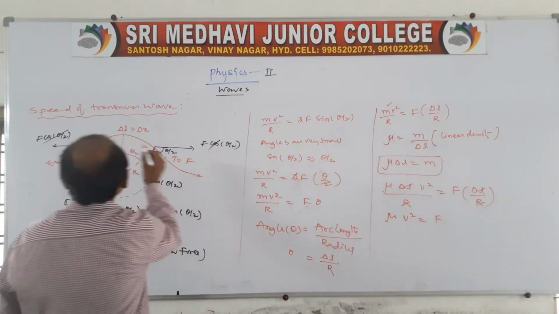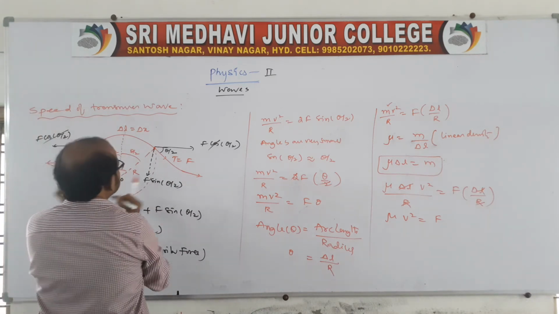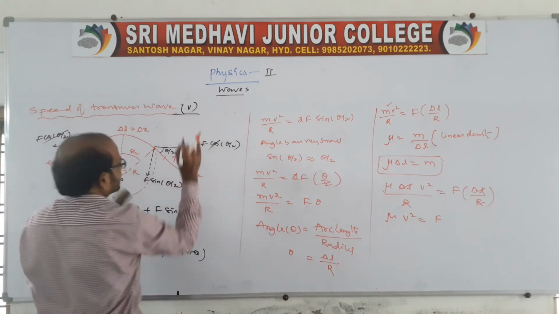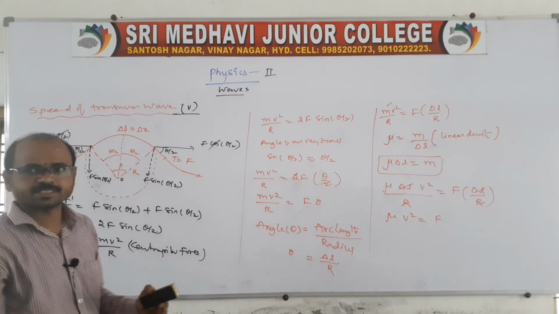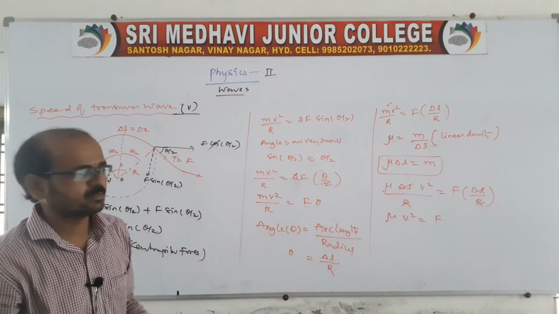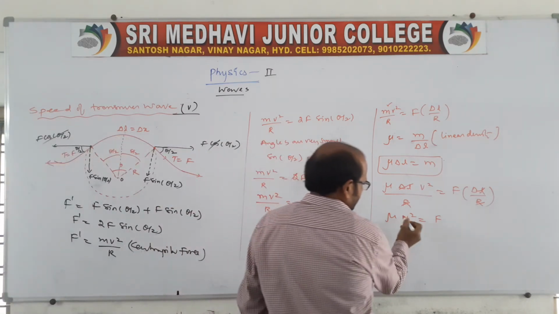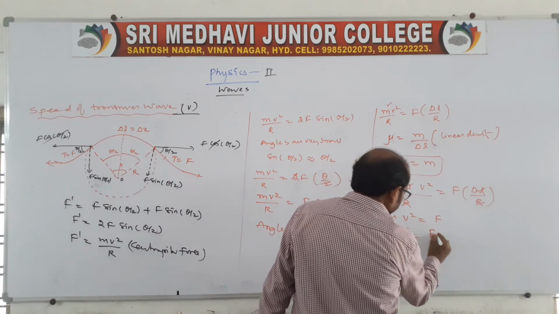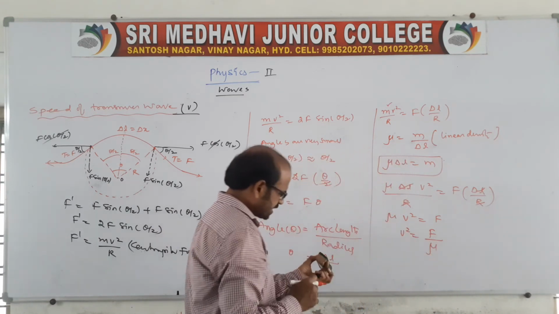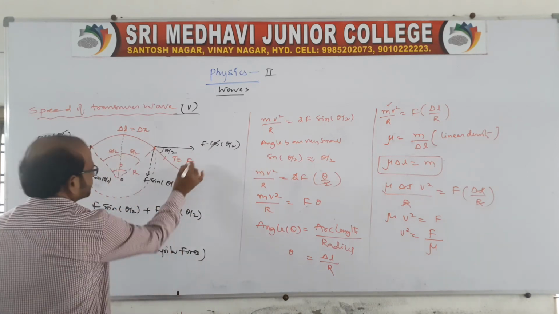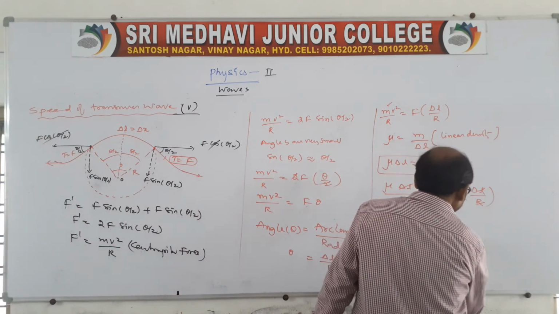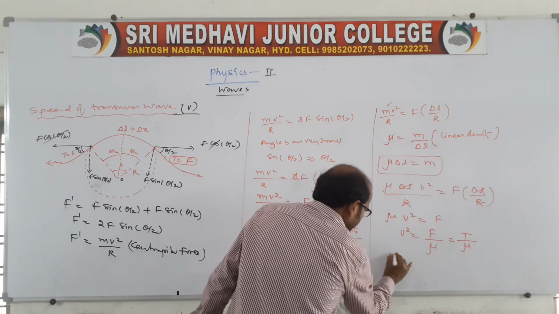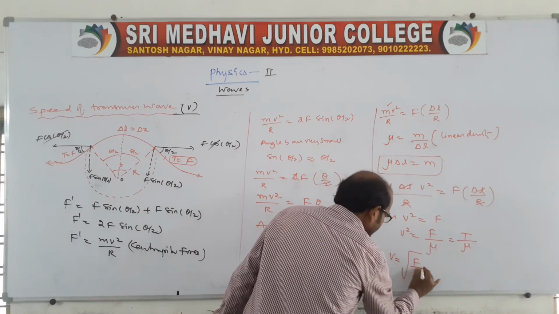Actually we are finding the speed v in the case of a stretched string, because transverse waves are possible in a string. So from here speed is equal to root over f by mu.